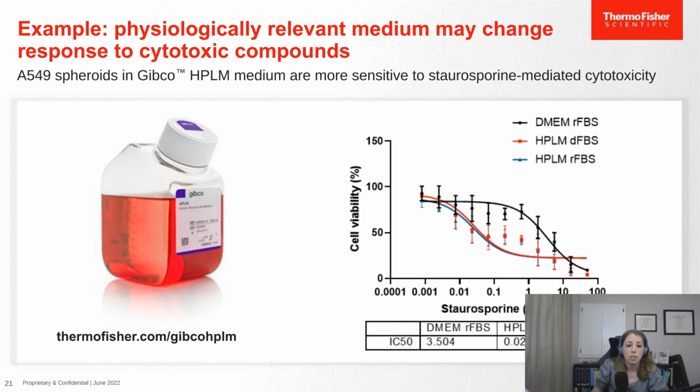As you might imagine, this can have a major impact on the metabolism of cancer cells and their response to anti-cancer drugs. In the data shown here, you can see that it took about 175 times the amount of the cytotoxic compound staurosporine to kill the same number of cells in traditional DMEM medium as in HPLM medium. This may be explained by the unique metabolic profile that cells in HPLM have versus traditional media, as shown in this next slide.